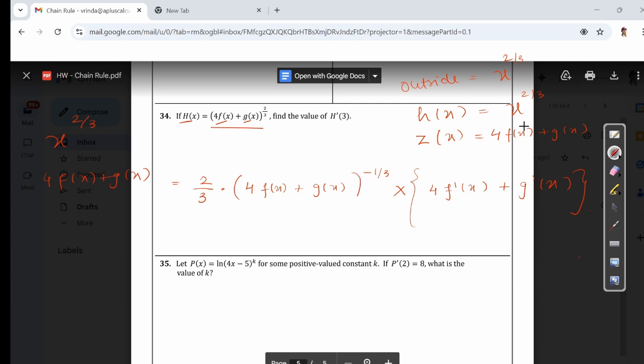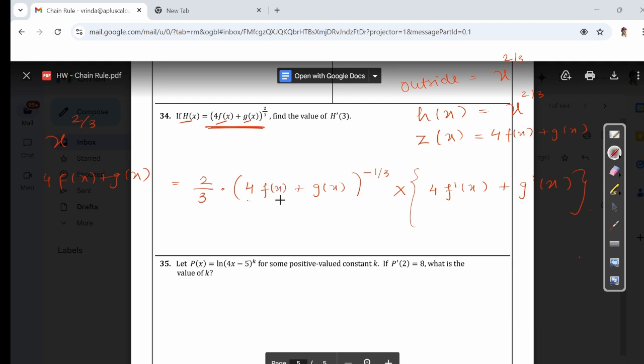So this is actually the composition of h and z. Now if you do h of z of x, you'll get this expression. So first you differentiate h of x, but instead of x you put whatever is originally inside, and you multiply that by the derivative of the inside function. That's it.